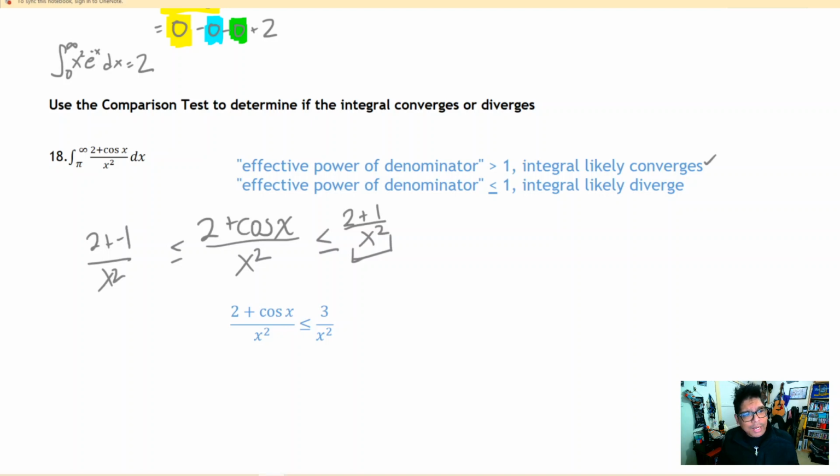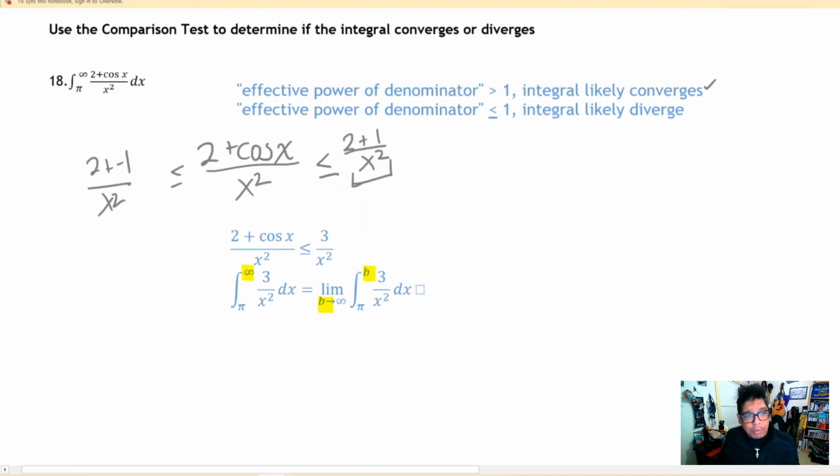And let's take the integral of 3 over x squared. Well, the upper limit is infinity, so I'll need to have a variable to replace that. And now that I've replaced that upper limit, we can start looking at the antiderivative. Our antiderivative is -3 over x, and we're going to evaluate from pi to b.